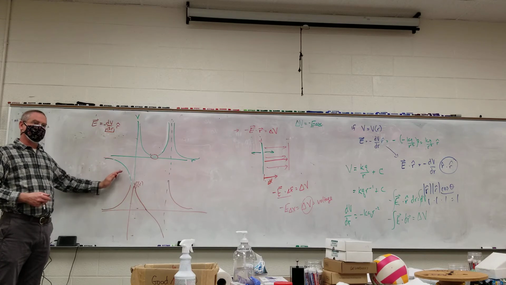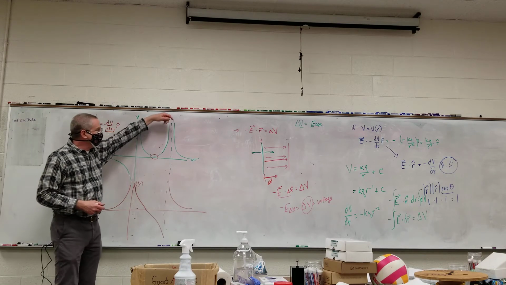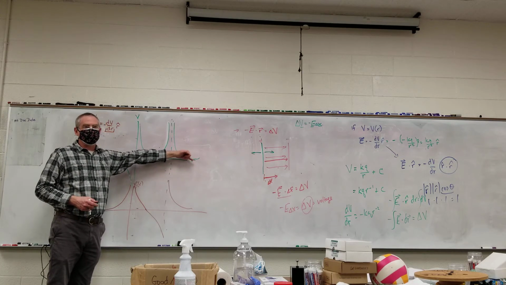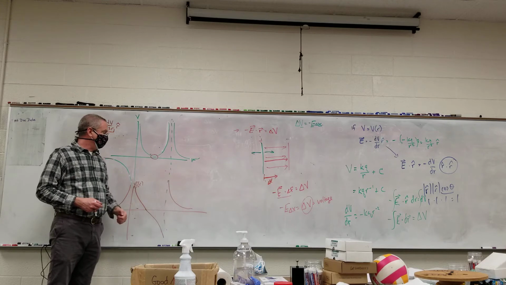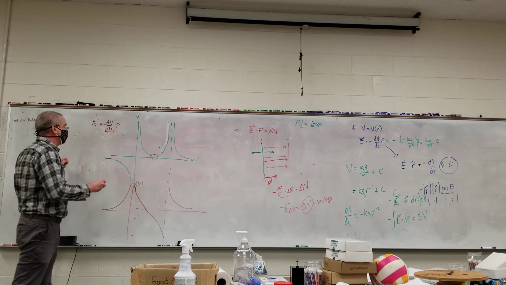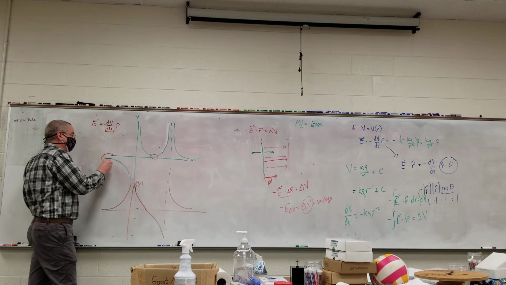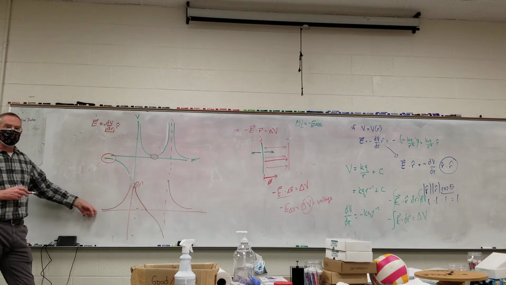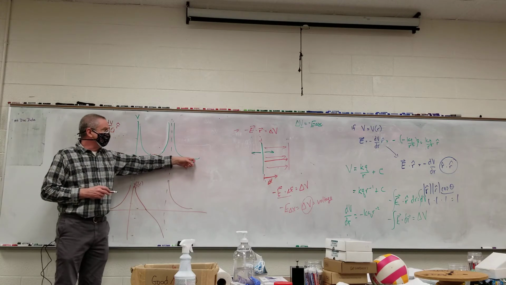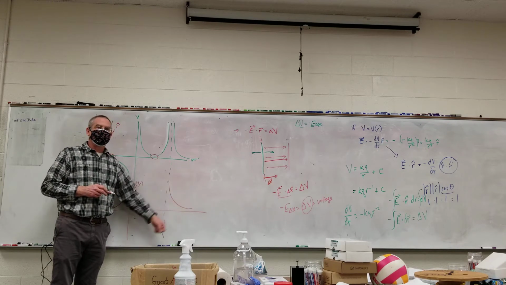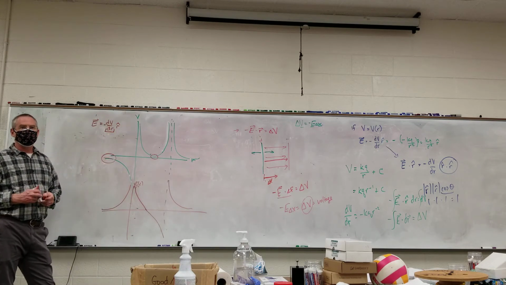That's why this is on the positive side. Over here, again, my slope is negative the entire time, so therefore my electric field is positive. And in terms of asymptotes, the slope of my potential is close to zero around here, so my electric field will be close to zero there. Over here my slope is close to zero, so I'm going to be close to zero here. That's where that comes from.